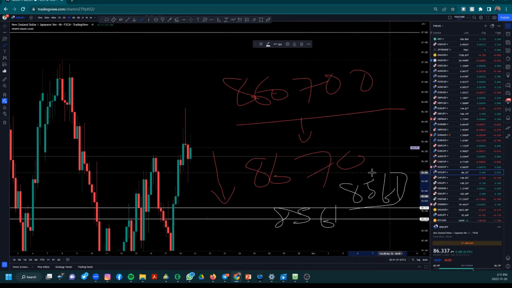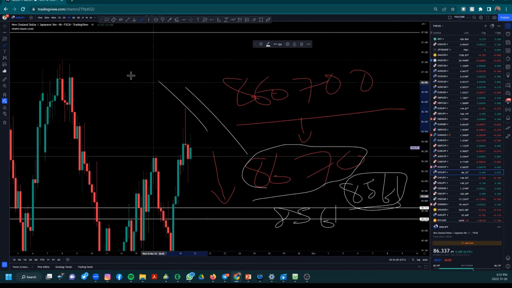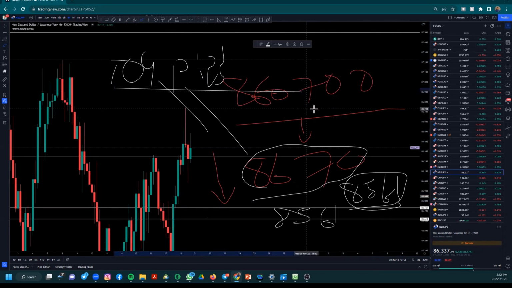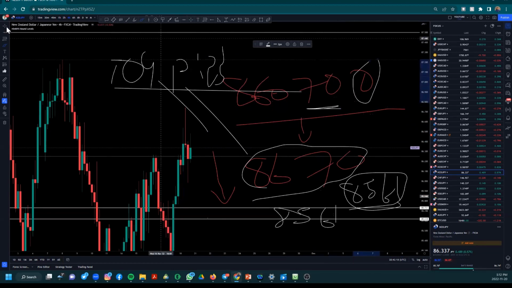So what you do is subtract 8561 from 8670. So let's quickly do this calculation. That gives you 109 pips. So this is very simple. Take the decimal point away, and you're only dealing with the last 2 figures. You're not dealing with the third figure after the decimal point.